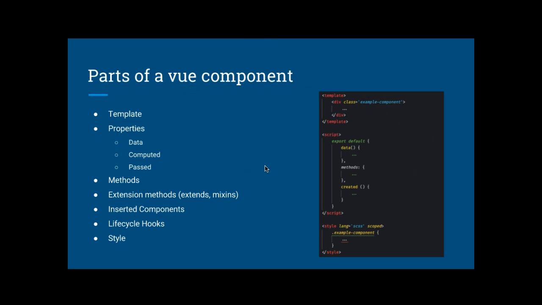The Vue component is made up of the template, which is the part of the UI that the user is going to see, the data properties within it, which are the pieces of your data, or the computed pieces of your data. A really quick example of a computed data property: I have a data property that is first name, a data property that is last name, and a computed data property that is full name, which takes those two, concatenates them together, and spits them out as if it's its own data property.